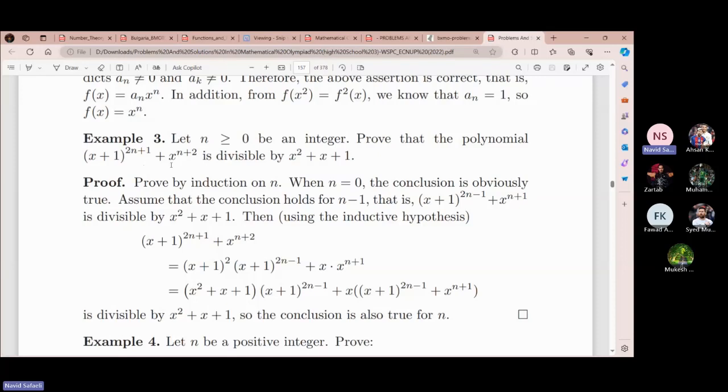It would be x^2 plus x plus 1. So it is clear. Assume that the conclusion holds for n minus 1, that is, this is divisible by this. Now we are going to prove that this is also divisible by this, right?